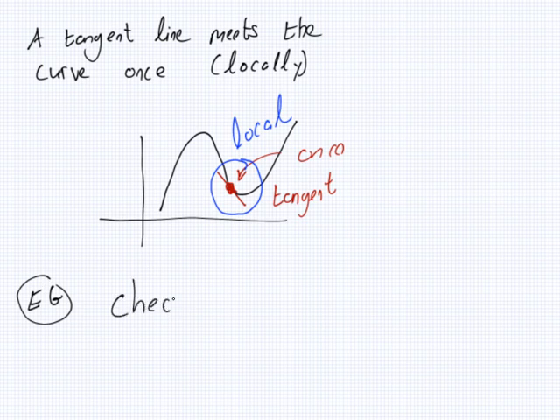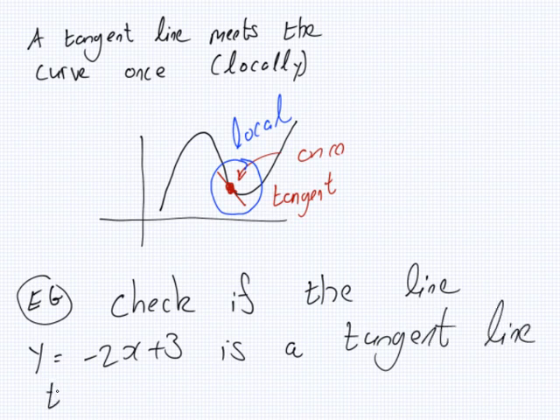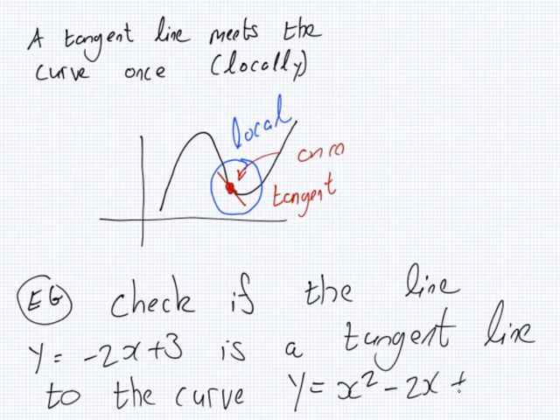Check if the line y equals minus 2x plus 3 is a tangent line to the curve y equals x squared minus 2x plus 3.